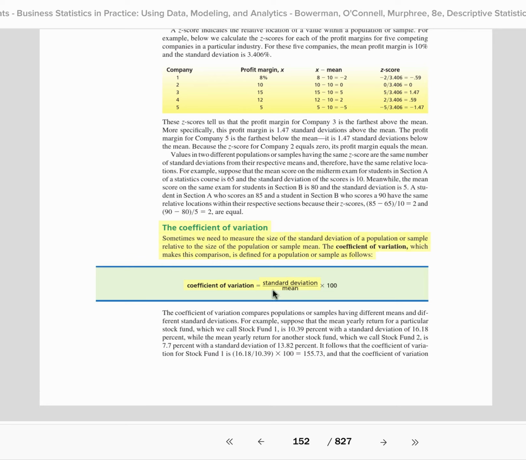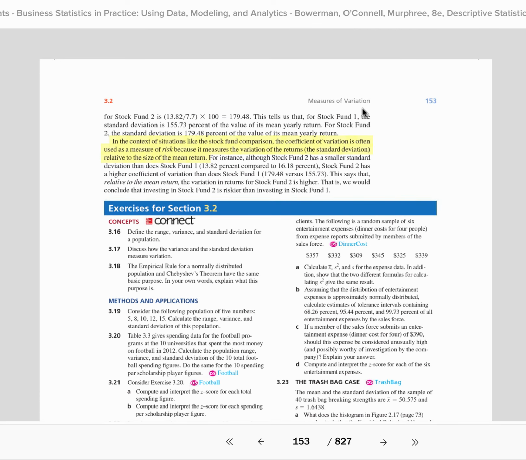If you calculate the coefficient of variation, which is just dividing the standard deviation by the mean and multiplying by 100, for the first fund you will get 155.73, whereas for the second fund you will get 179.48.